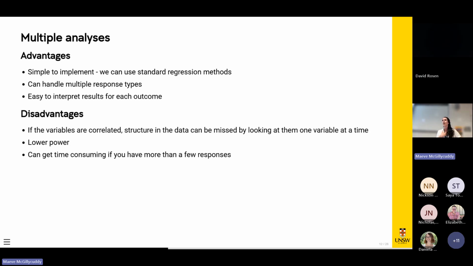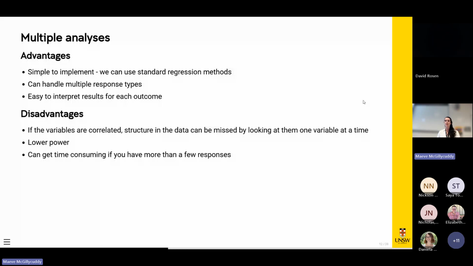So if we have a continuous response or a count response, then we can model those separately and deal with the different distributions of those response variables. And again, when it comes to interpretation, it's just easier to interpret if it's just one response.